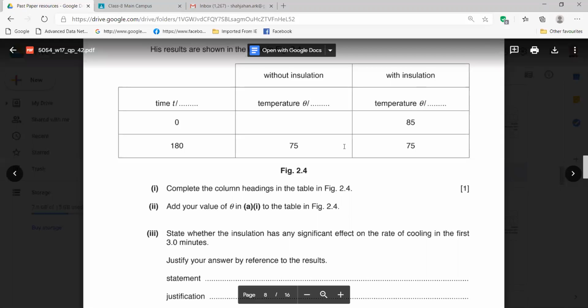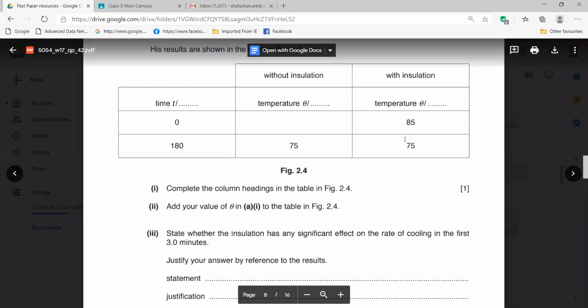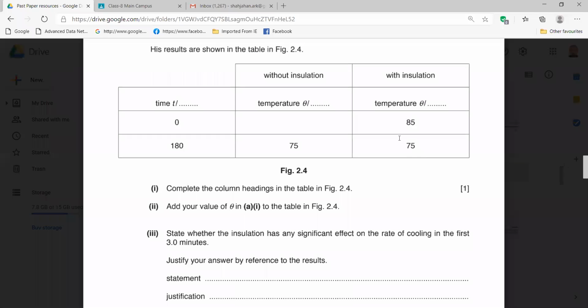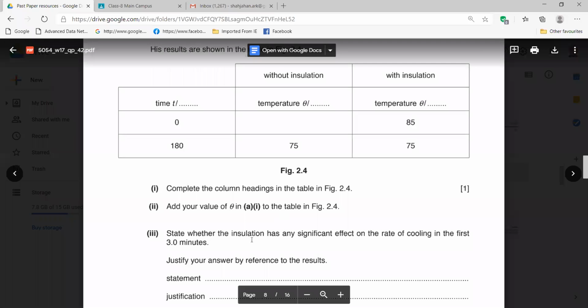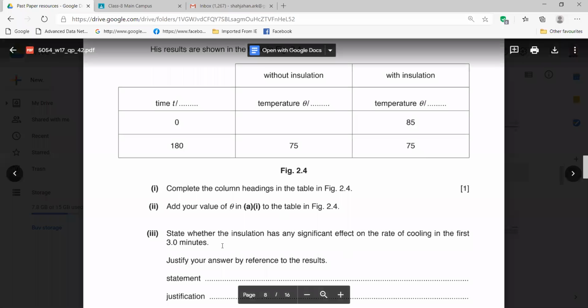So you got some numerical information here, right? And on that information, there is an effect on the rate of cooling. Then they are asking you to state whether the insulation has any significant effect on the rate of cooling in the first 3 minutes.